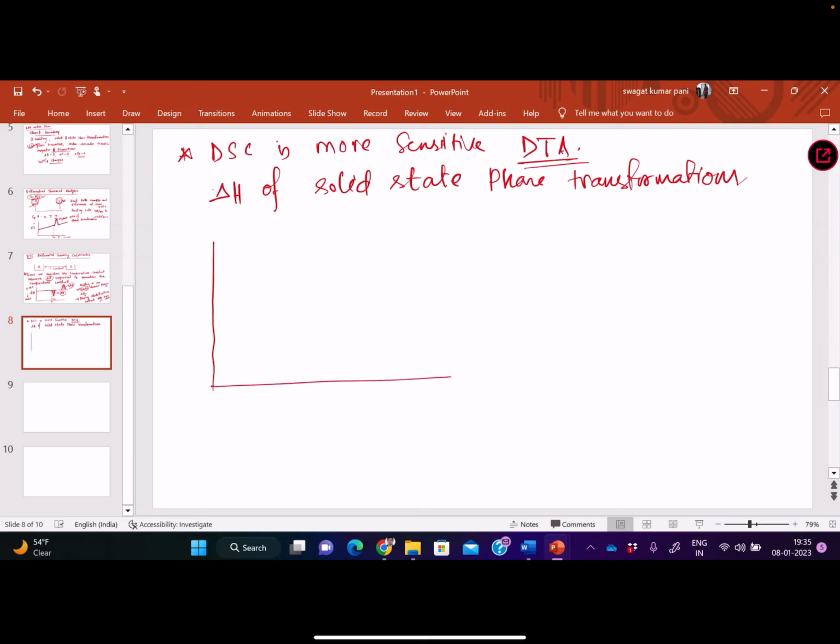And one important thing, for glass transition, I will show here the DSC curve for glass transition. So this will go like this, and then there will be a drop, which just indicates a change in Cp.